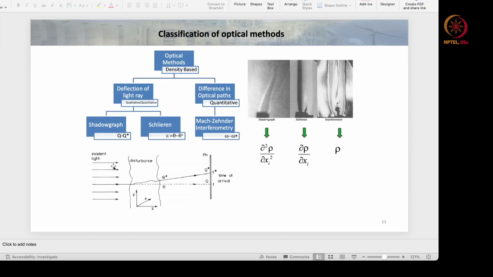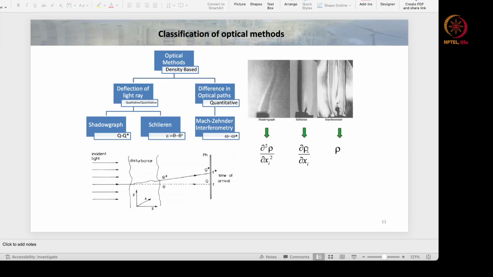Whereas on the other hand, the shadowgraph will measure the change in the intensity as well. So that will give you a shadow. So if you see, the shadowgraphy is dependent on the second order derivative of the density with respect to x. So this change translates to a change in the gradient of n as well, because they are related in a linear fashion.